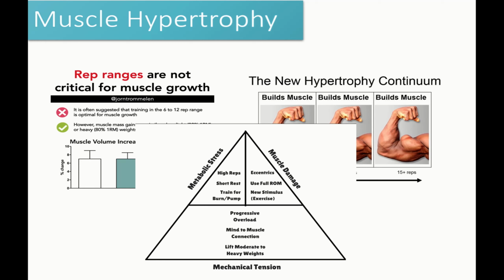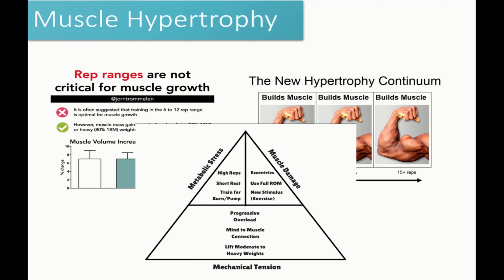And the last one is mechanical tension. Here we're talking about overloading your exercises and intensities over a number of weeks, hence periodized training. Increasing the mind-to-muscle connection, so actively thinking about the muscles that you're working. And of course, lifting moderate to heavy weights.